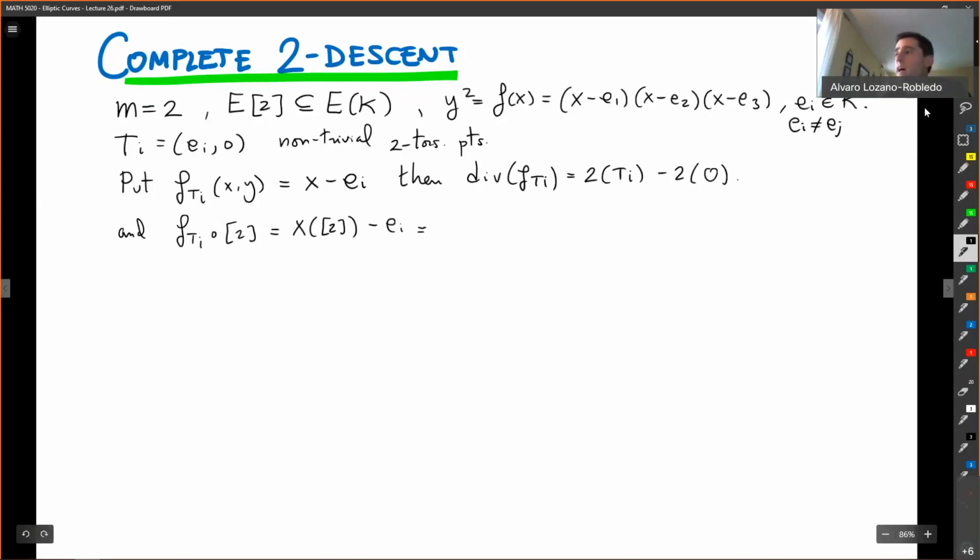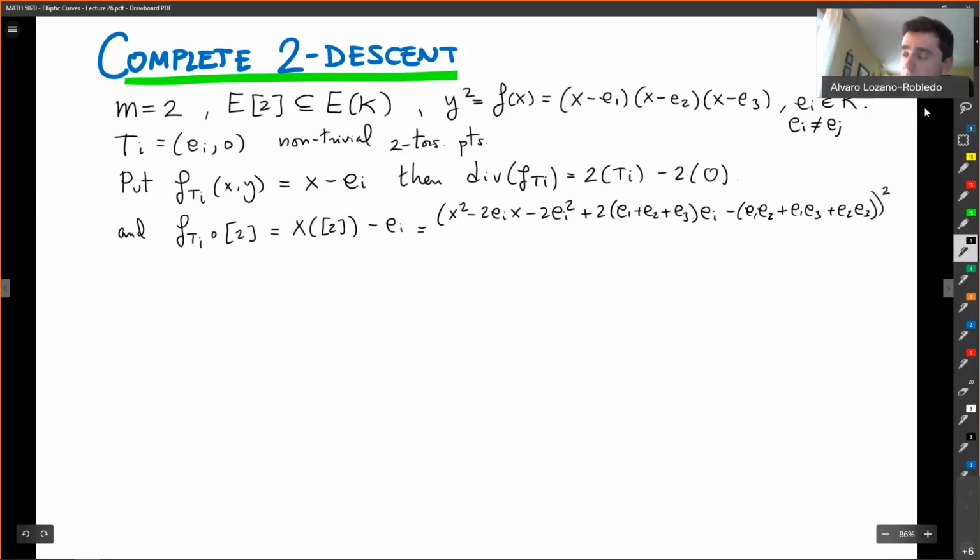And if you compute that, which I have here, it is (x squared minus 2e_i x minus 2e_i squared plus 2(e1 plus e2 plus e3) times e_i minus (e1e2 plus e1e3 plus e2e3)), everything squared, over 2y squared.